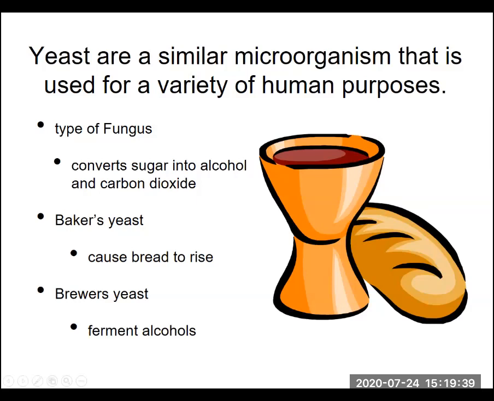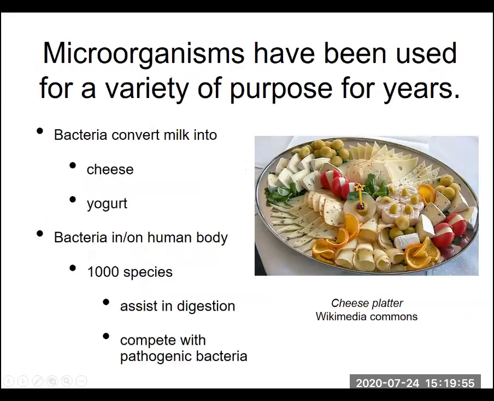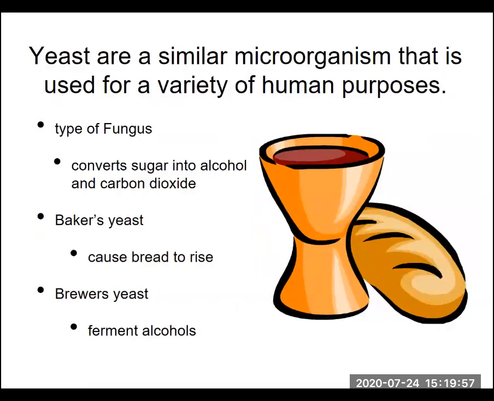We take some of this yeast, mix it with the flour, and your bread is going to rise. You mix it with grapes or other types of sugars, and it ferments into alcohols. So again, these are normal products, either bacteria or yeast, that we've been using for thousands of years for our purposes, allowing us to create unique flavors and unique food sources.